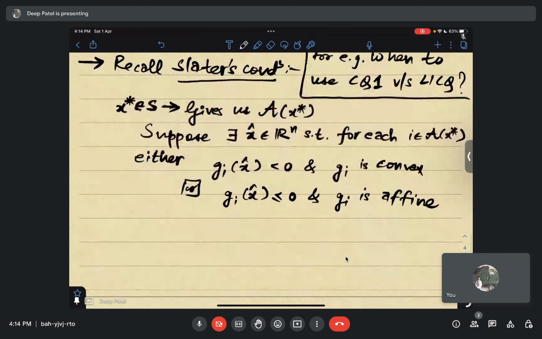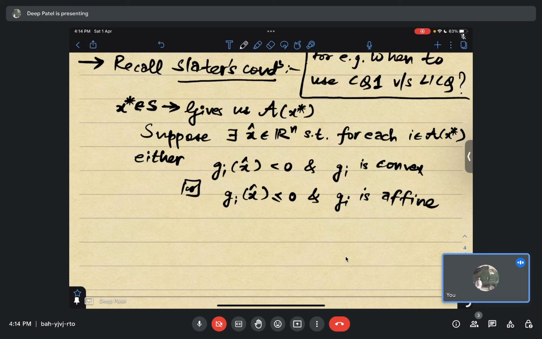This is Slater's condition. Does this imply CQ1, and does CQ1 imply this? I think CQ1 will imply CQ2. That was said in the lectures, but is the implication the other way also true? No, I don't think so.